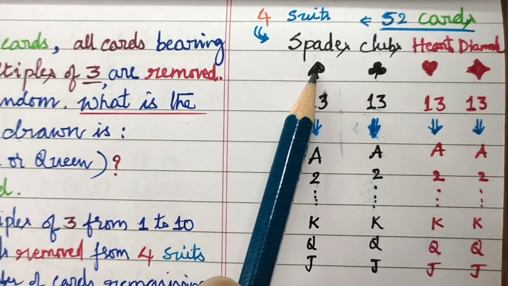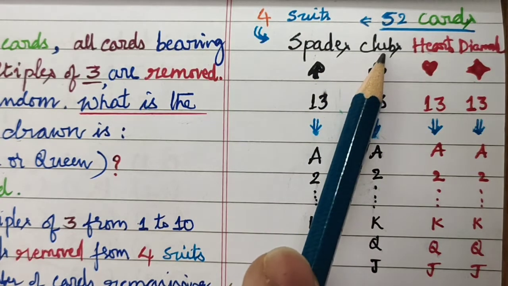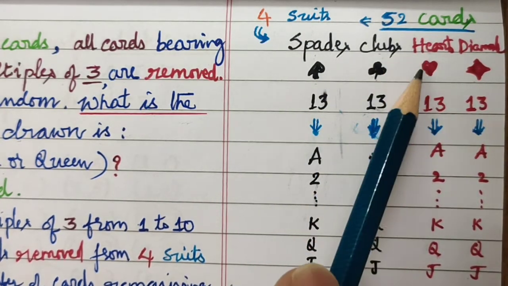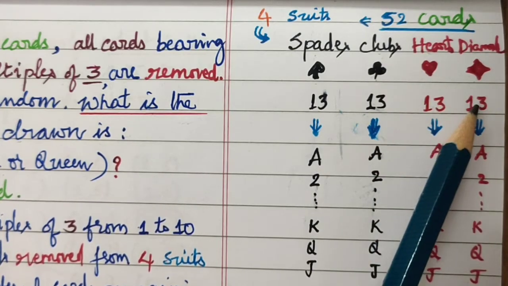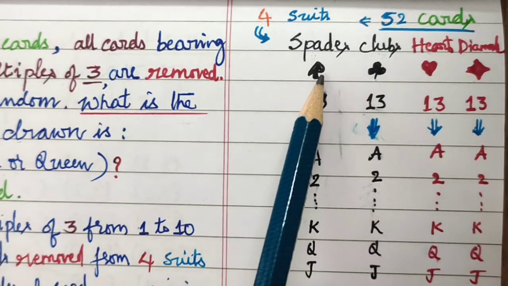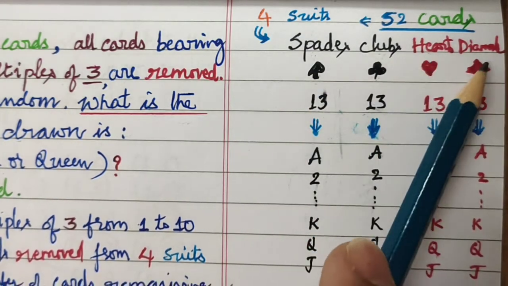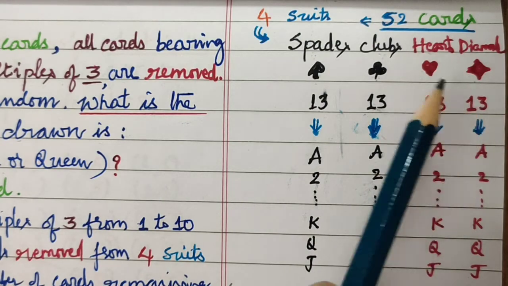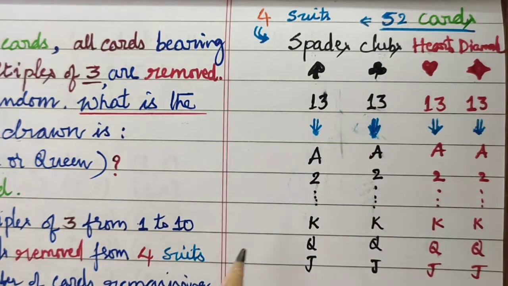Spades and clubs are black; hearts and diamonds are red. There are 13, 13, 13, 13, 4 suits here, 52 cards.